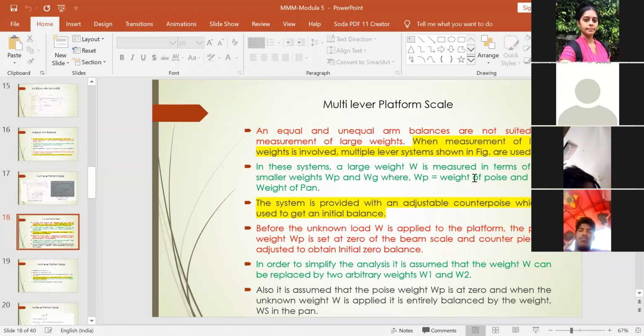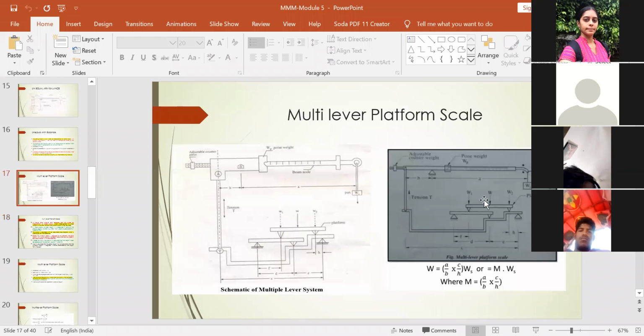WP will be the weight of the poise and WS will be the weight of the pan. So the large weight which has to be measured can be bifurcated into two segments. Here you will have the pan in which you will load the standard load, that is the pan weight, and here you will have a poise weight in order to keep this stable.